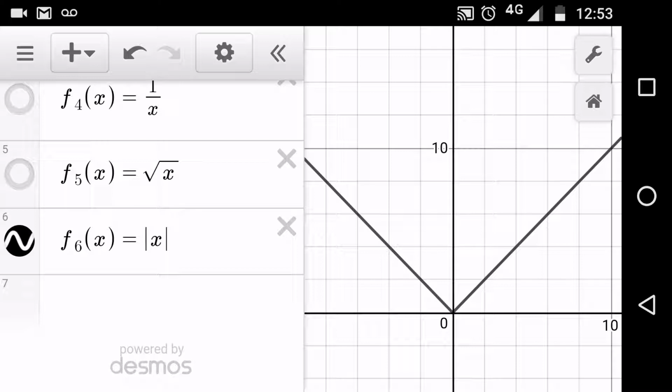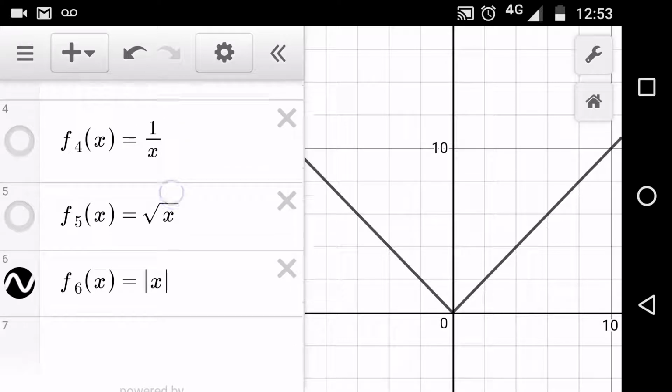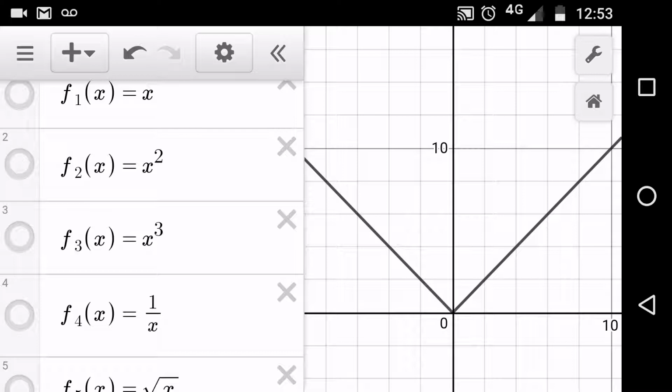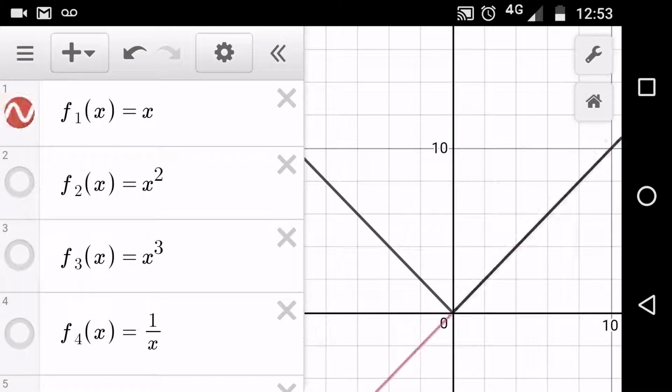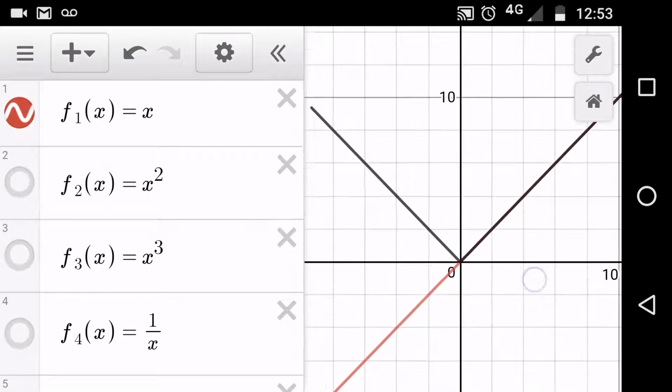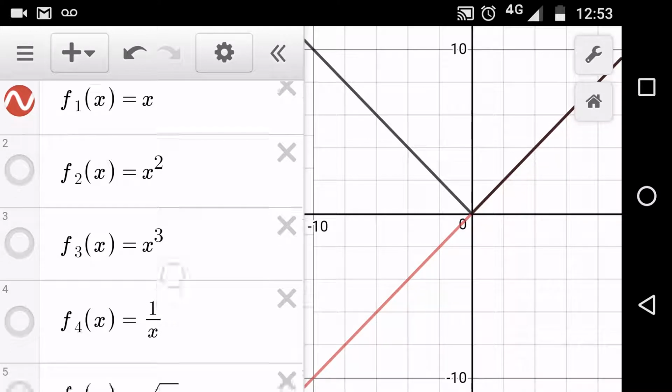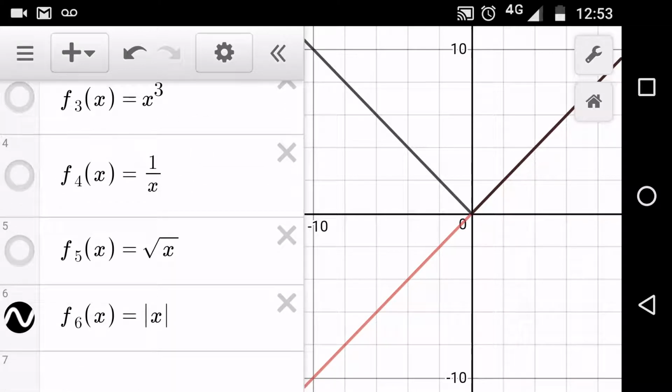Now, it will be very interesting to relate this function to the original linear function. Look at it. If you make the absolute value go away, then all you have is your linear function in red.